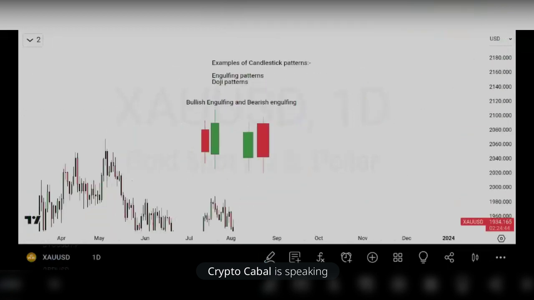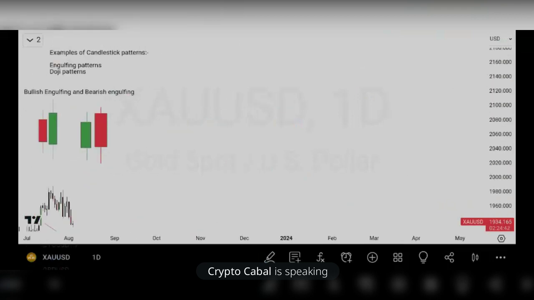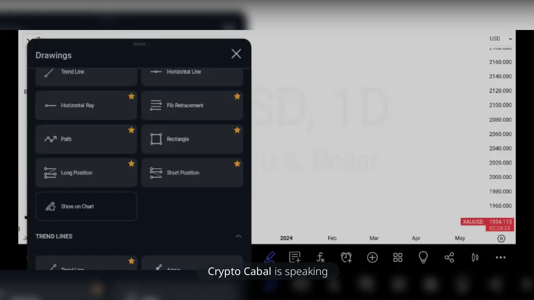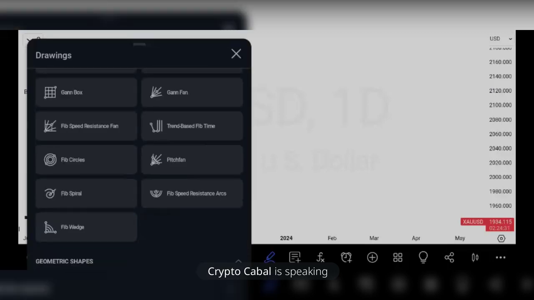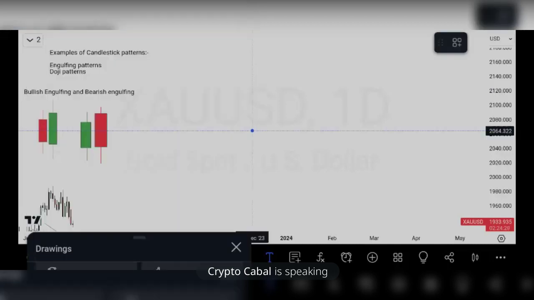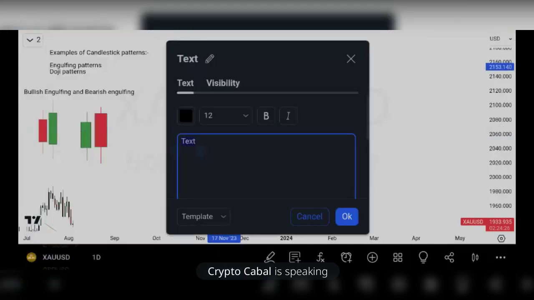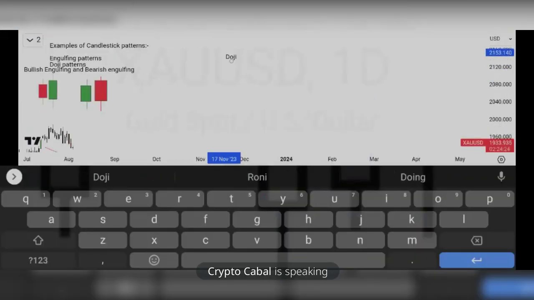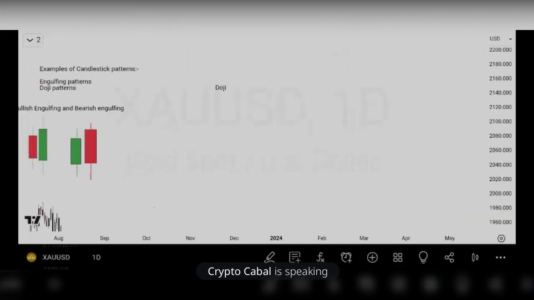Now quickly, let's talk about the doji. The doji has different patterns on its own, just as the engulfing patterns, but we are going to talk about just the doji itself. The doji is a candlestick pattern that has a small body, indicating that the opening and closing prices are very close.